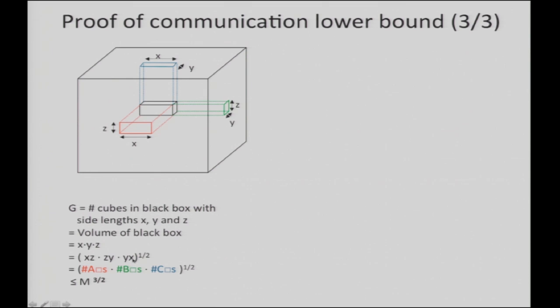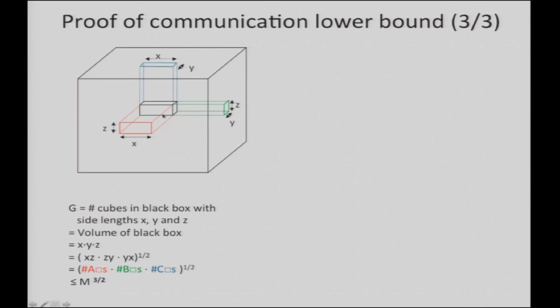And so the volume, the number of multiply adds, is equal to the product of the face areas, taking the square root. Okay, and that's m to the 3 halves, since each of these can be at most m. So that's the very simple case, but I want this to work no matter what subset of the data I pick. I picked a brick to make it easy to see, but for the theory to work, no matter what black blob I pick in the middle, I want to have an upper bound that looks like this.